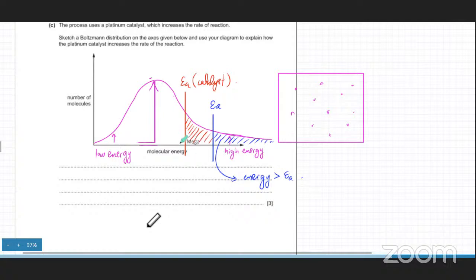So what you're going to write is that the proportion of particles, you're probably going to get marks for the graph. It's a total 3 mark question. So you're probably going to get 2 marks for the graph, 1 mark for this statement that we are about to write. So the proportion of particles having energy greater than activation energy increases.